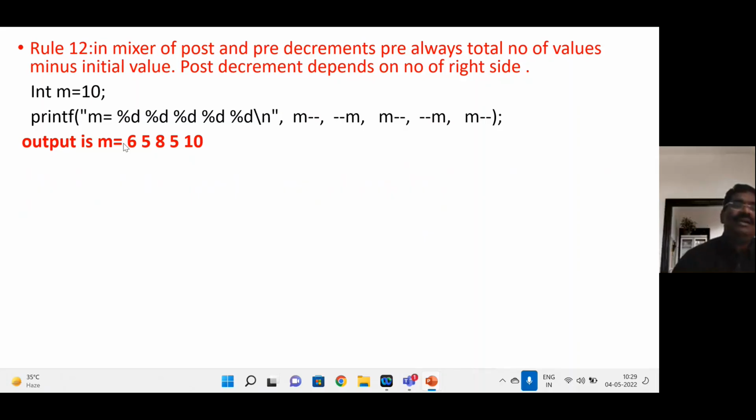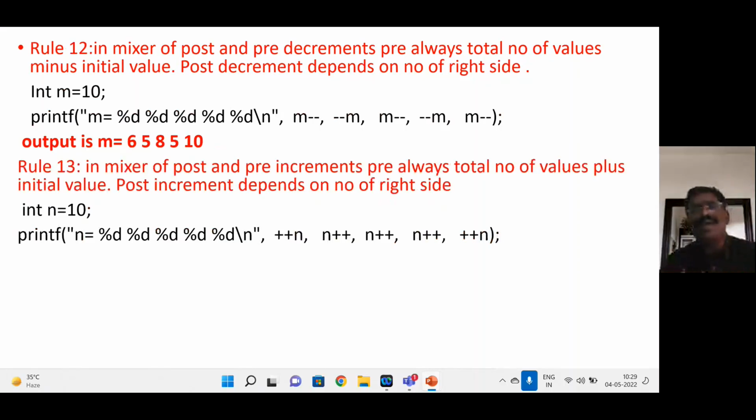Now you see the 13th rule, in post and pre-increments. Pre always gives the total number of values plus the initial value. The post-increment depends on the number of right side increment operators.